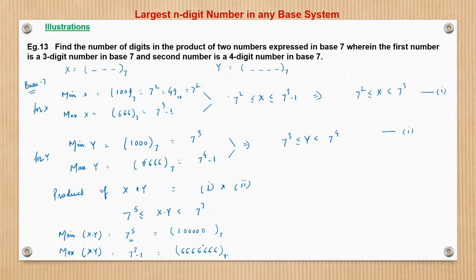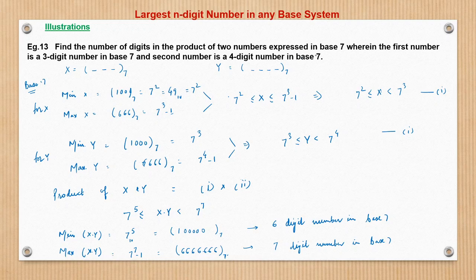right? So here now minimum x is a 6 digit number, 2 to 4 to 6. So minimum x is a 6 digit number in base 7, and maximum x product is a 7 digit number in base 7, right?